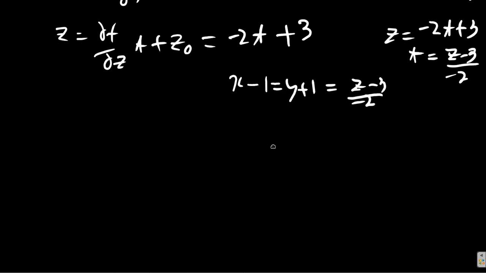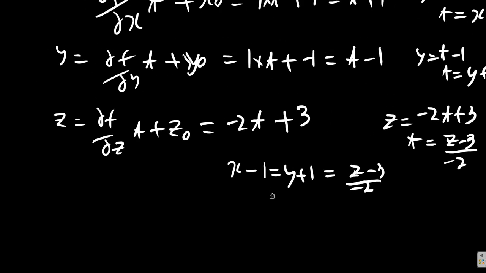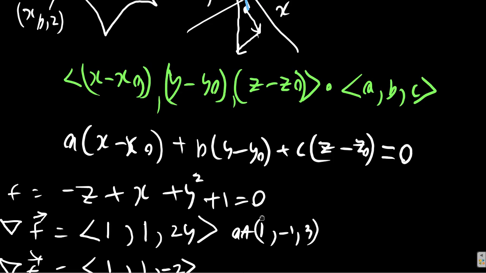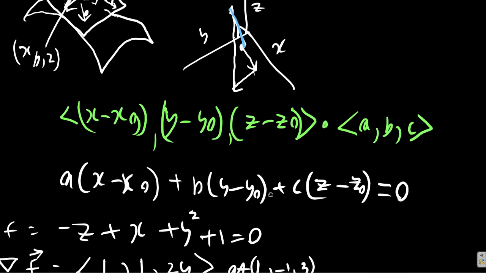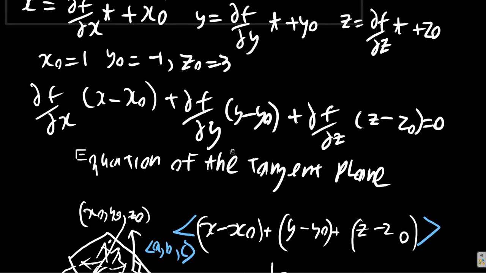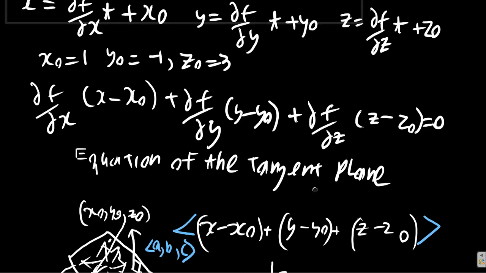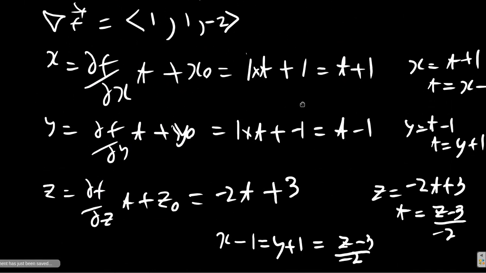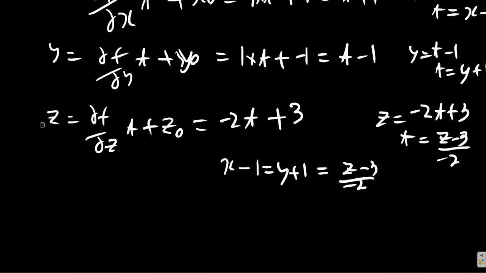What about the equation of the tangent plane? We have the formula for it: the derivative times the change of each x, y, and z, and all of that equals 0. So let's see how it goes.